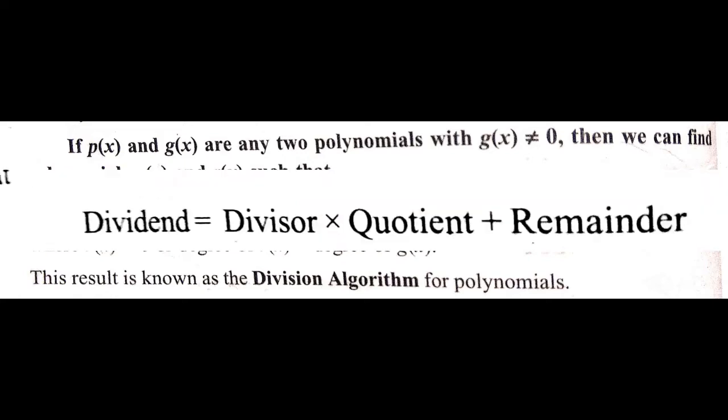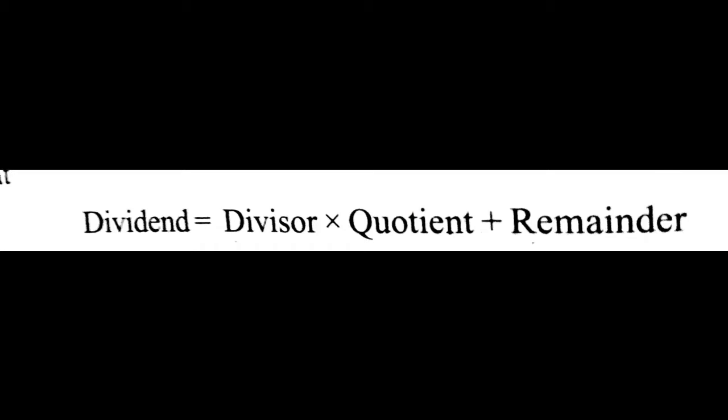Or in other words, dividend is equal to divisor into quotient plus remainder.